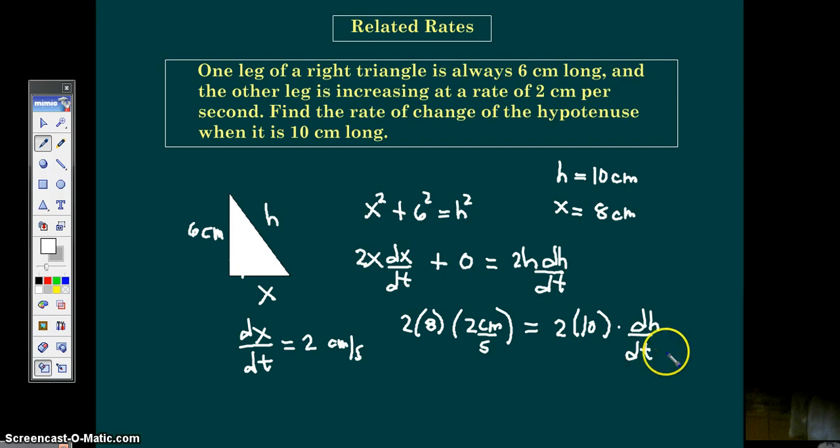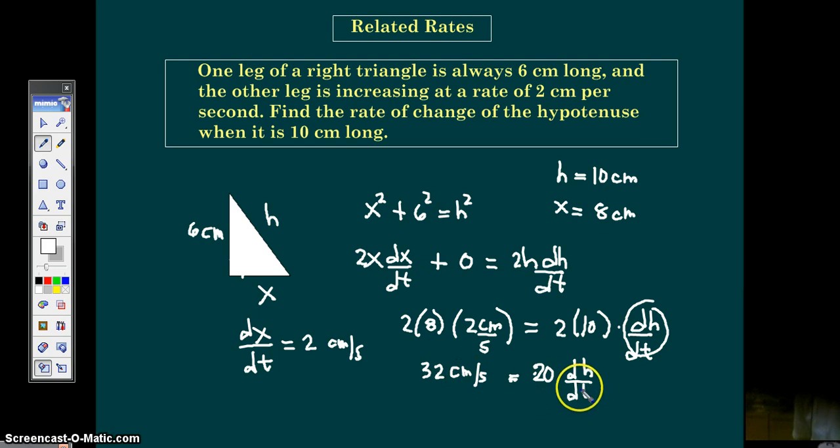Now notice that we can solve for dh over dt. So 2 times 8 times 2, that would be 32 centimeters per second, is equal to 20 times dh over dt.